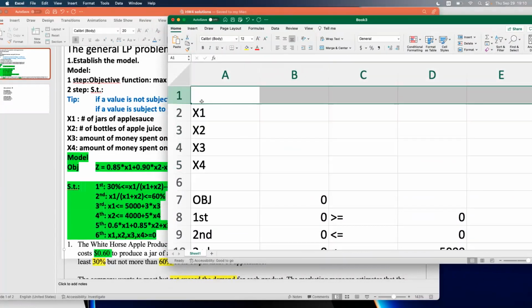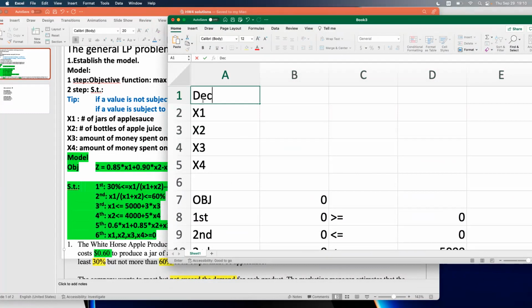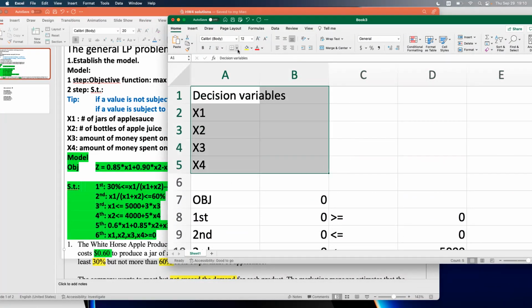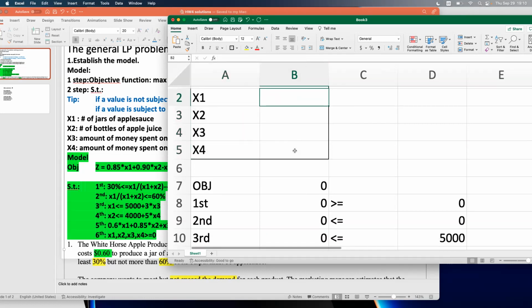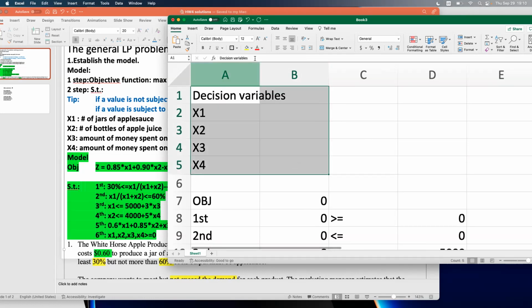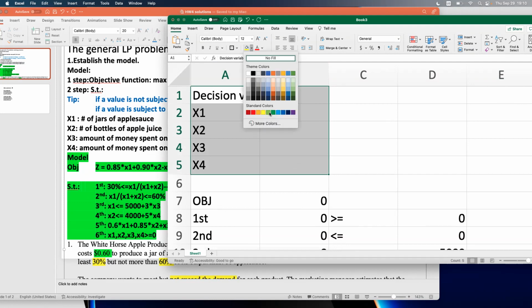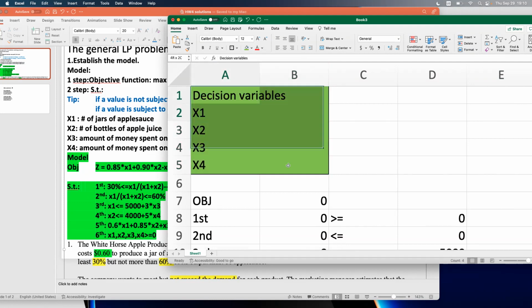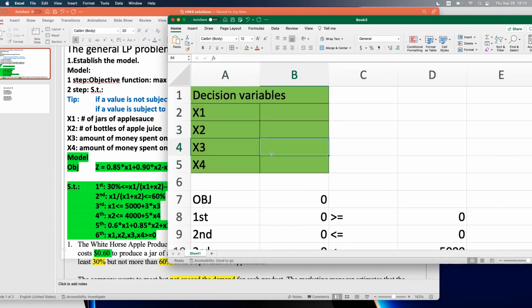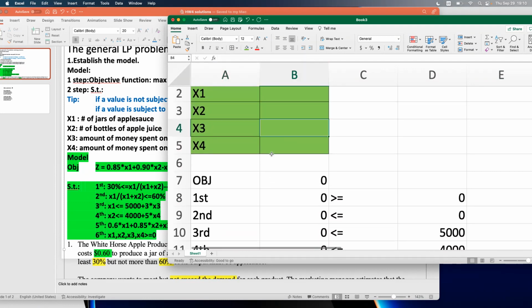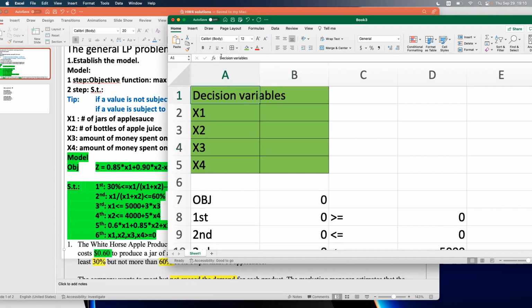Let's highlight everything and give all borders. So that's the different variables. So that's part one.